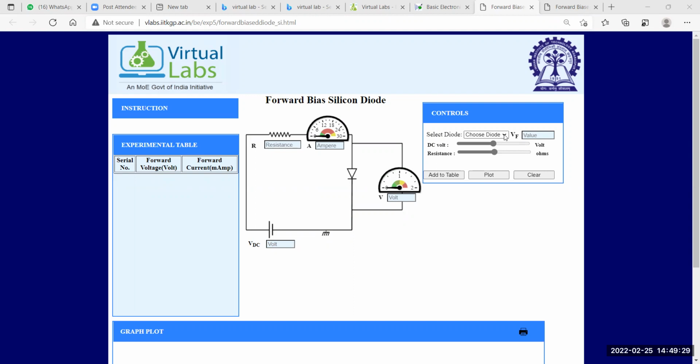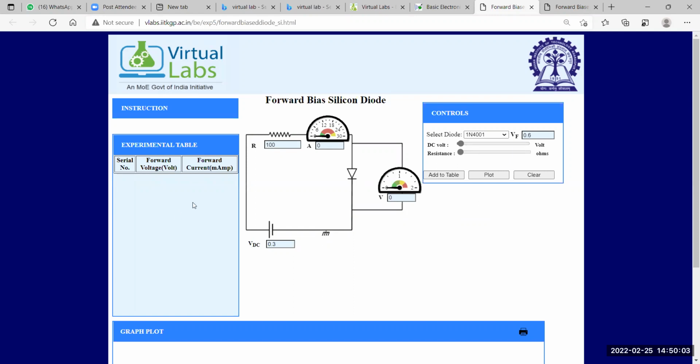Okay, next we have to select the diode, and this is IN4001 with 0.6 volt. We have to fix the resistance and vary the DC volt, for a maximum of 8 or 10 results.